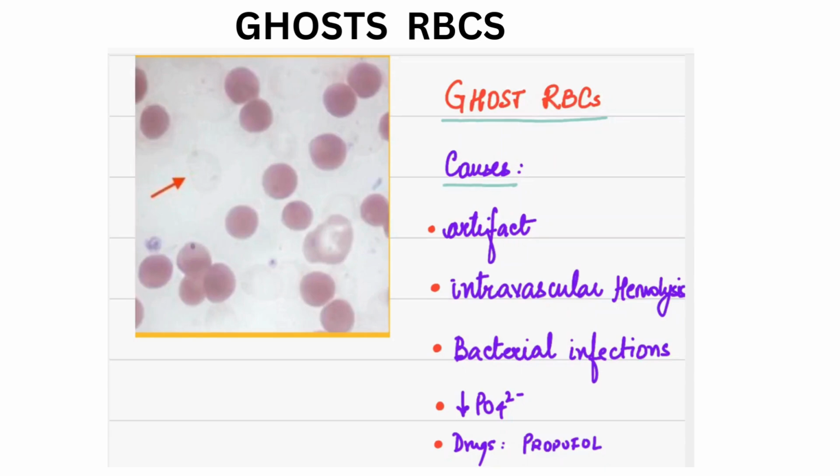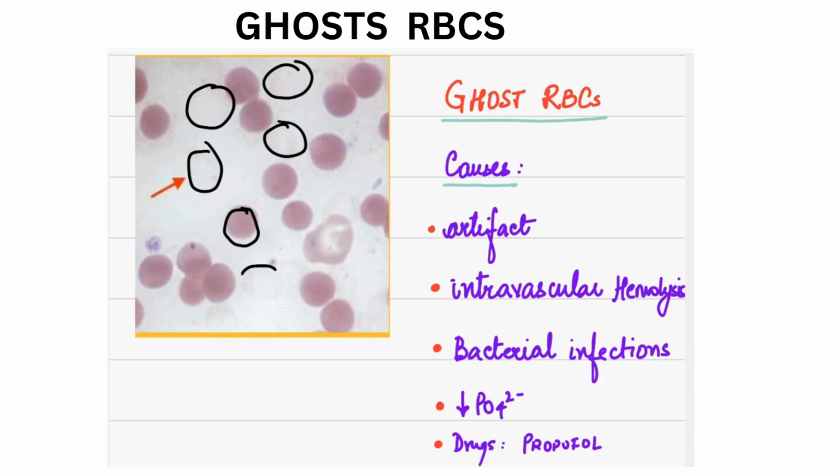This peripheral smear, you see that there are two types of cells. Yeah, first are the red cells, like these. Okay, so I do not see any central pallor, so can be spherocytes. All right, but I see something which was there but now it's not there, like this, like this.